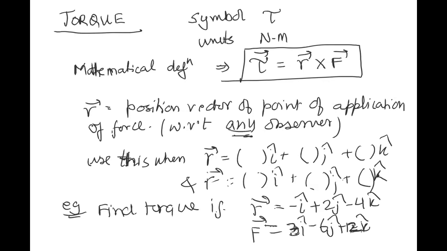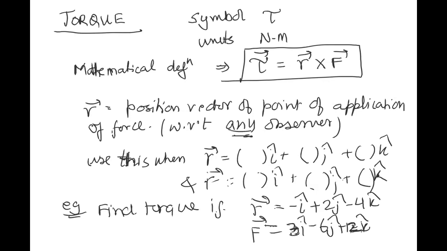And I told you to remember, whenever a cross product is carried out between 2 parallel vectors, the cross product must be 0. And these are 2 parallel vectors, right? If you look carefully, then r multiplied by -3 gives you f. You did not need to draw the determinant in any way.